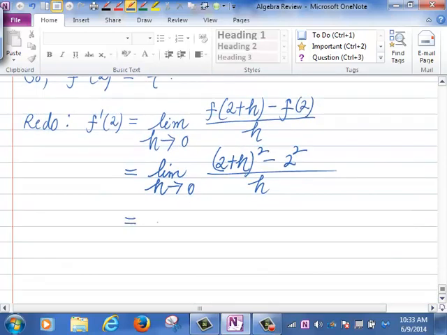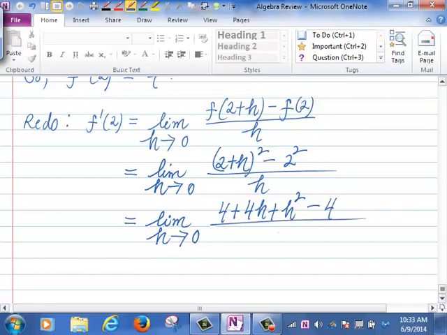Now this is equal to the limit as h goes to 0. 2 plus h squared, if I expand it, what do I get? 4 plus 4h plus h squared, and then I have a minus 4 here, divided by h.